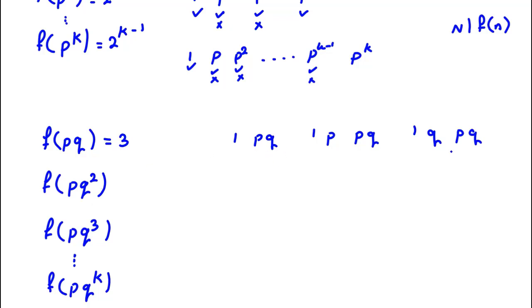let's consider a structure. For example, for this part, you say, okay, we have two directions. Okay, one, P, here Q, here it is PQ. We can go like this, or this part, or this part, or this part, three ways.